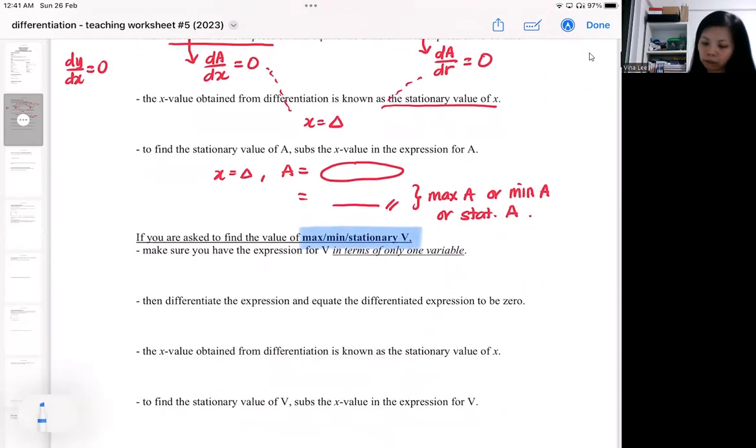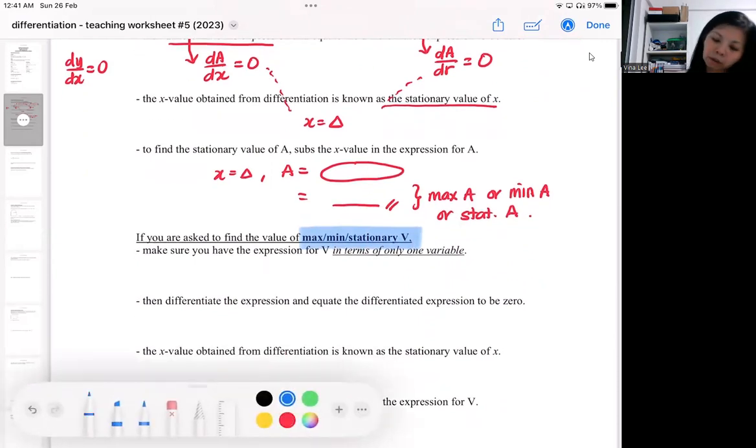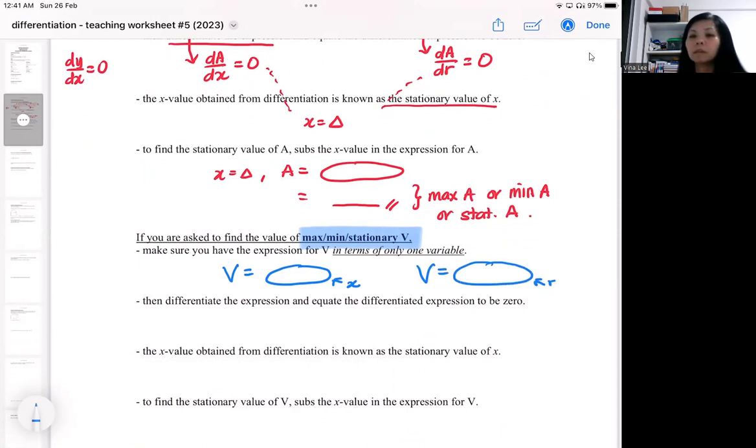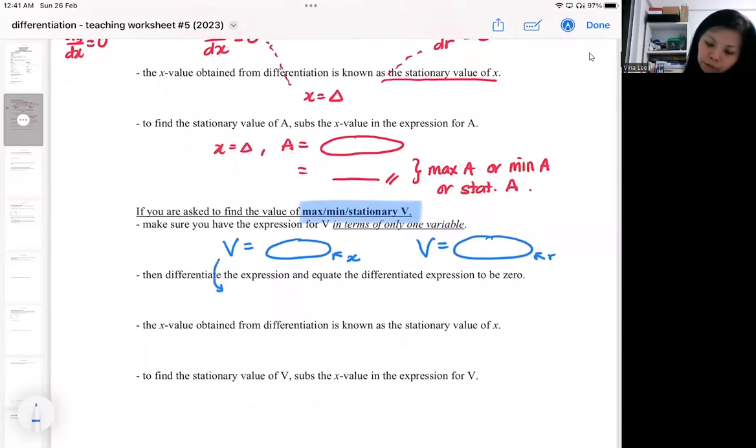If you need the maximum or minimum volume, you make sure you have the formula in one variable. Okay, I'm using x and r as a sample. You must make sure that you only have one variable. And then the same thing happens: you differentiate and let it be 0.